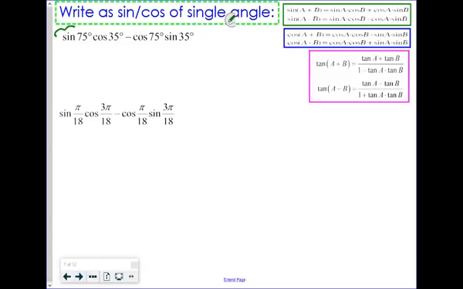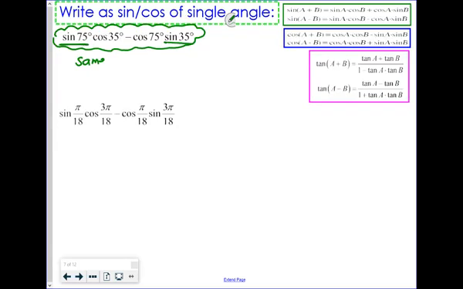Write out this question and see what it says above in blue. Write as the sine or cosine of a single angle. So our answer could be sine of something or cosine of something. Look at what you've got there. Can you see this is a sandwich?